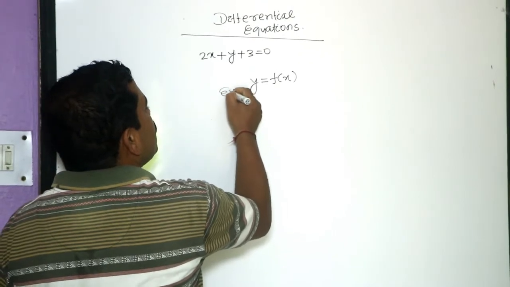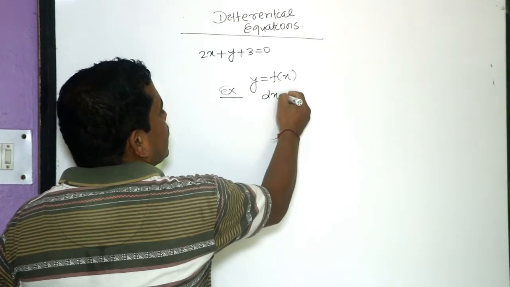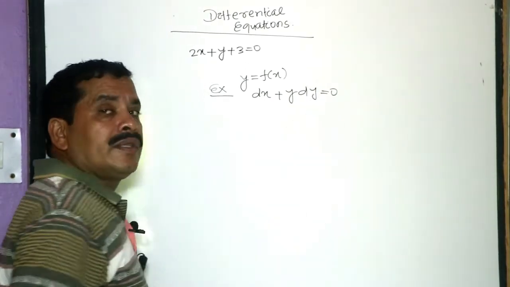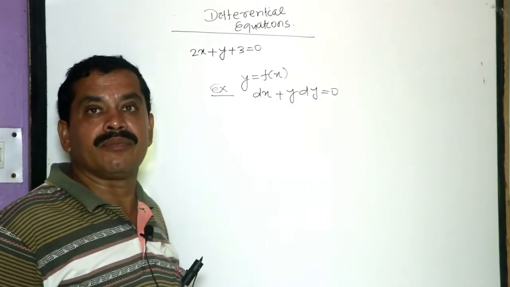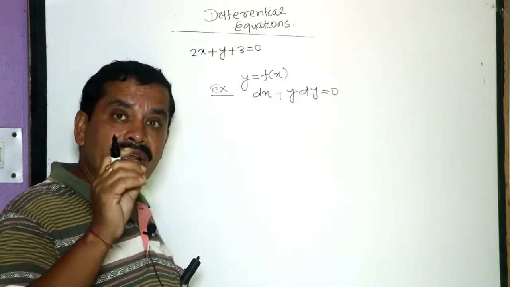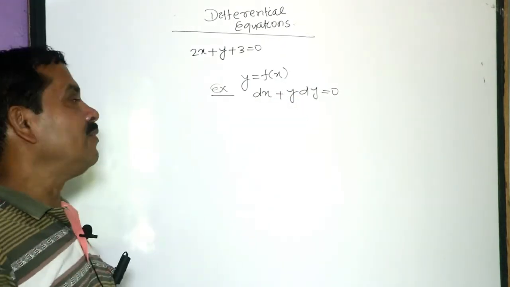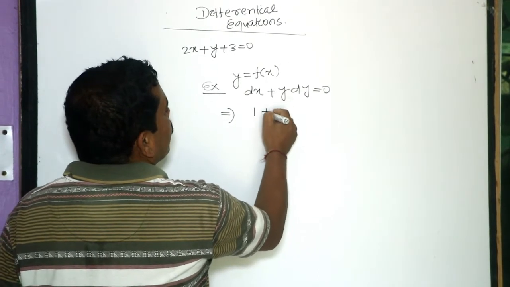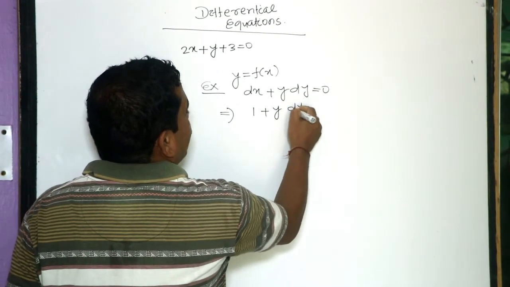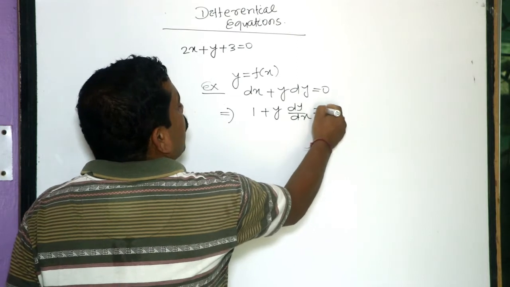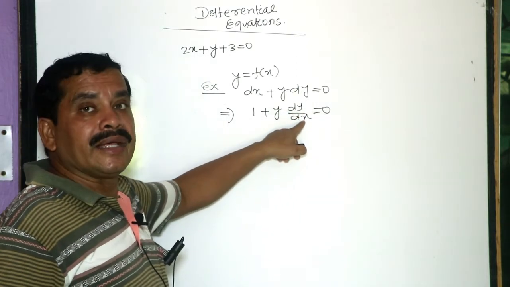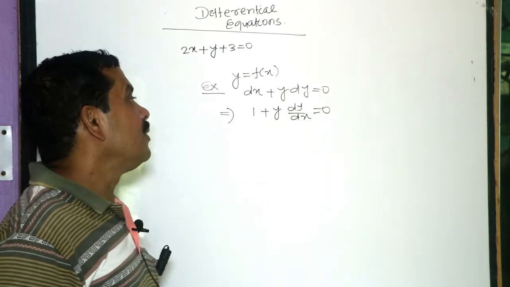Suppose the equation is of the form dx + y dy = 0. This is a differential equation because this equation involves the derivative. That is, we can write it as 1 + y dy/dx = 0. Here y is the dependent variable and x is the independent variable.